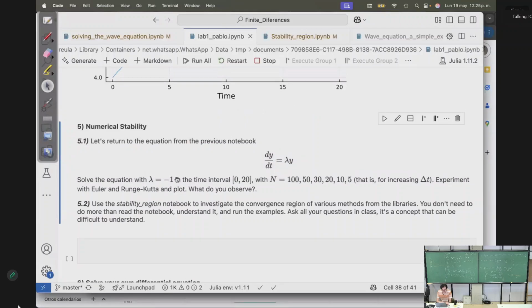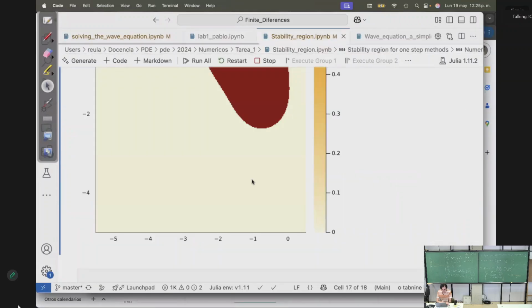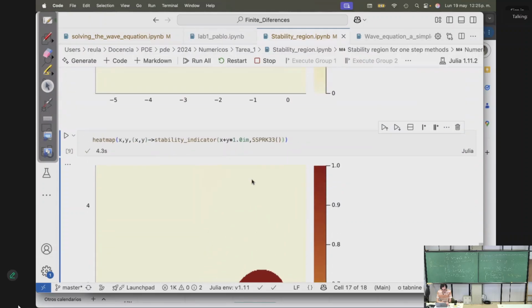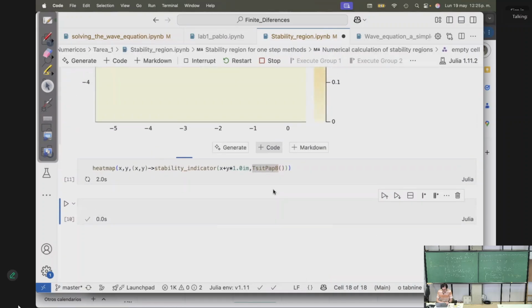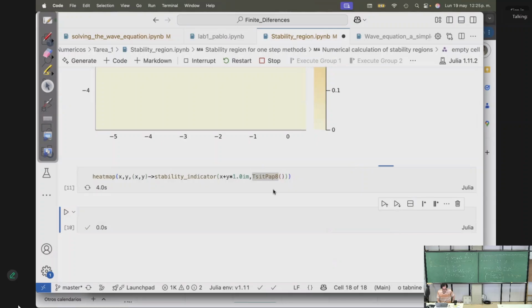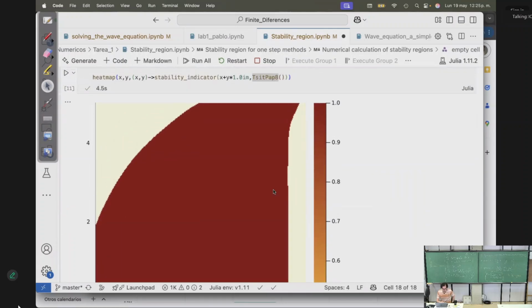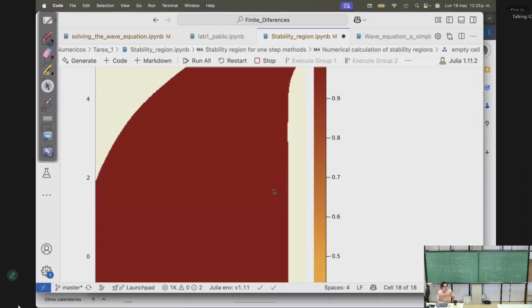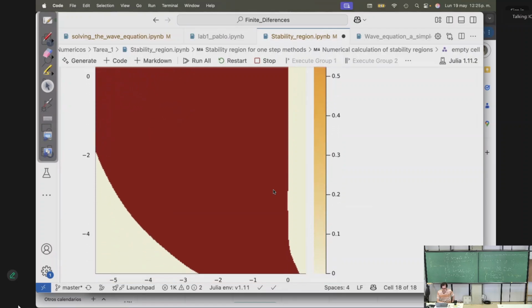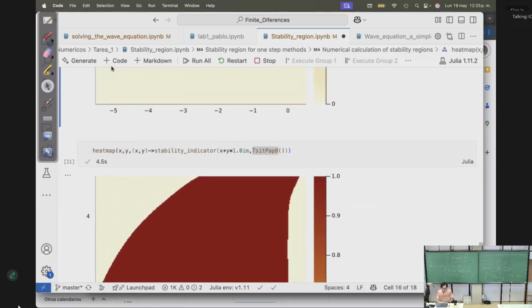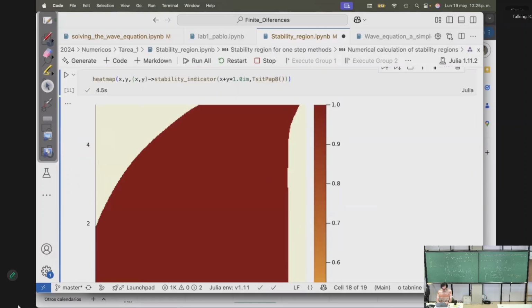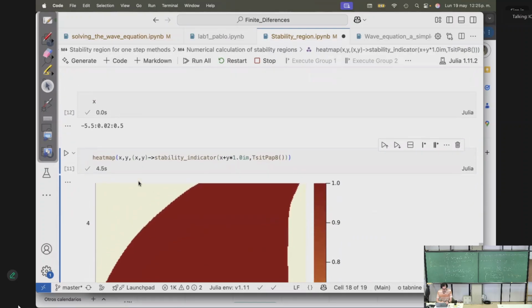And here we put in the stability region. It takes a while, so quite a large stability region here. So maybe we have to try to do x. What is x?